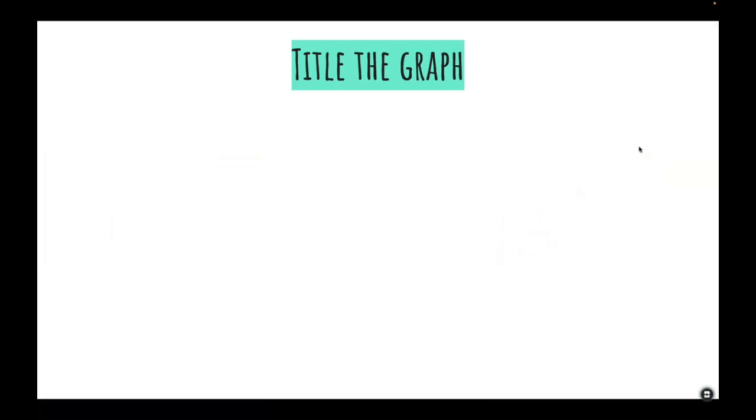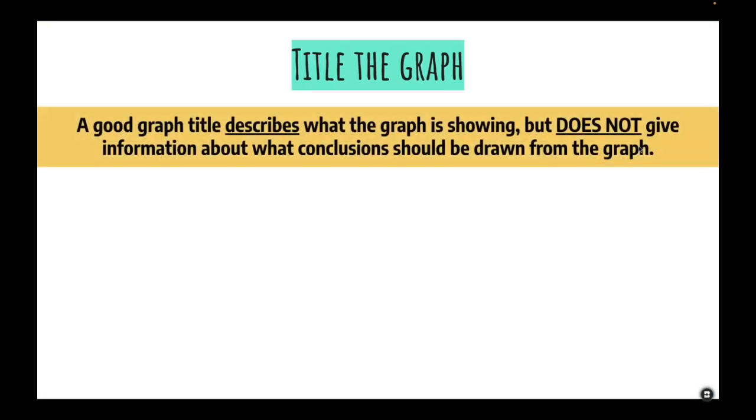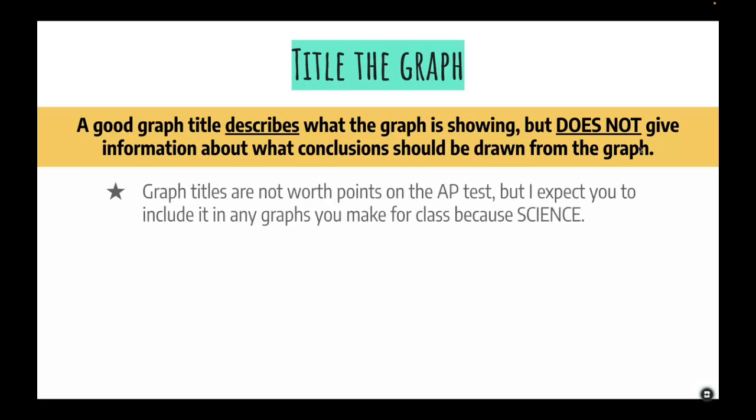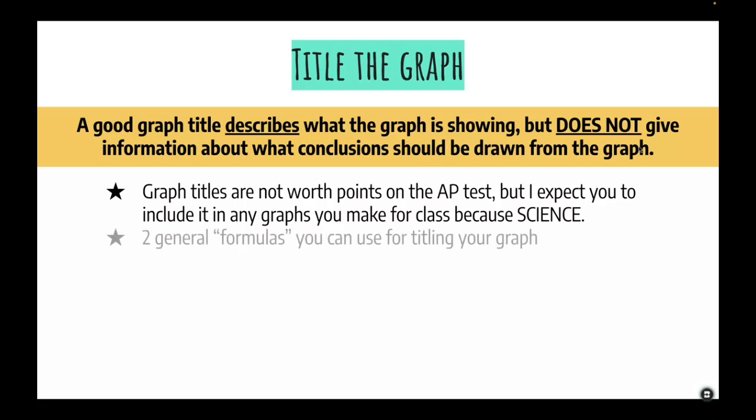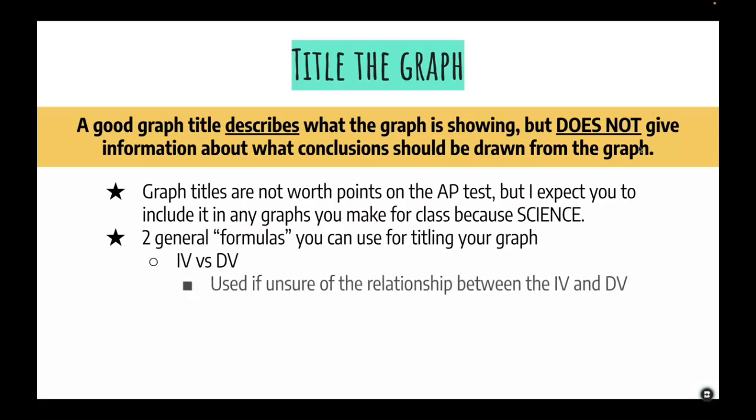All right, so how can you title your graph? Your title should always describe what is being shown without drawing any conclusions. So you're not going to be explaining anything here. You're just going to describe what is being shown. Graph titles are not worth any points, but there are 2 general formulas for titling your graph.